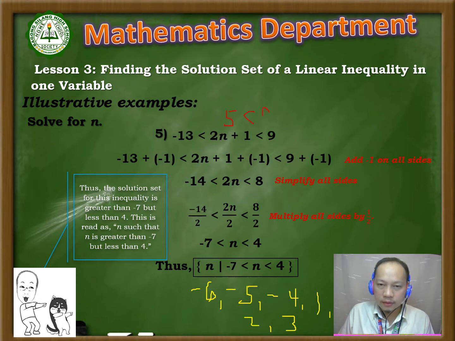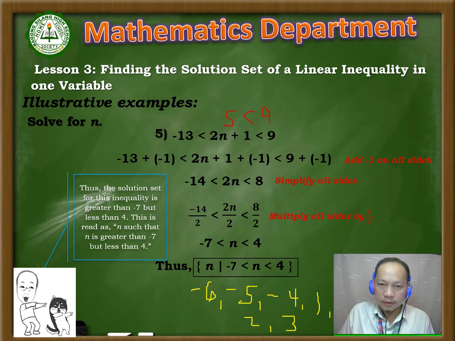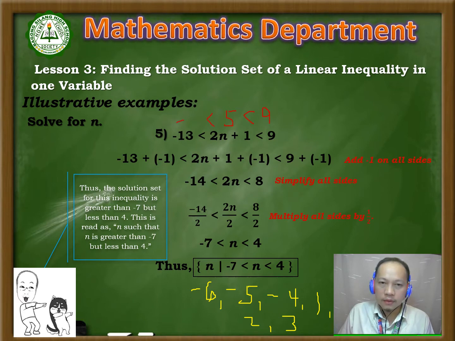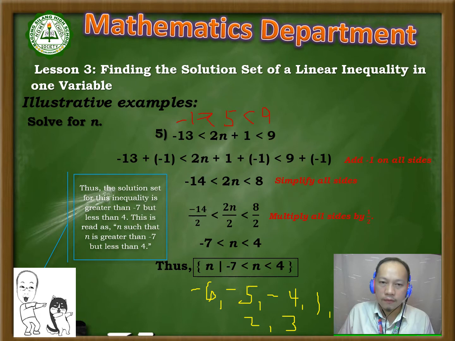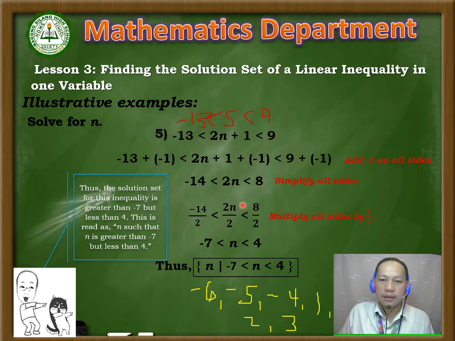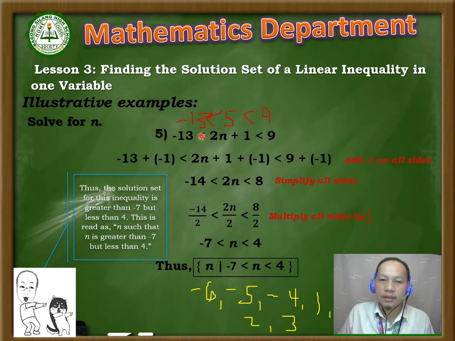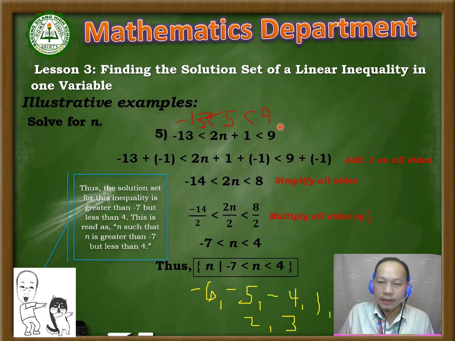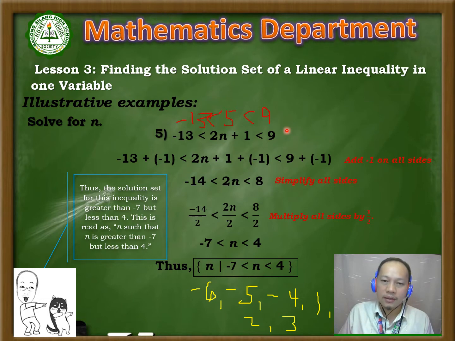So is 5 greater than negative 13? Yes. Is 5 lesser than 9? Yes. So it satisfies.